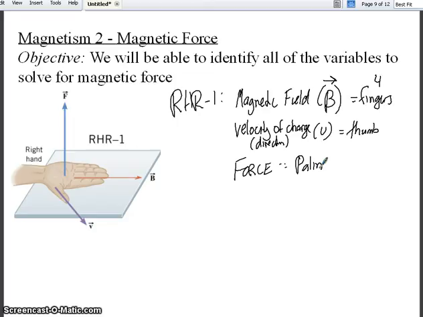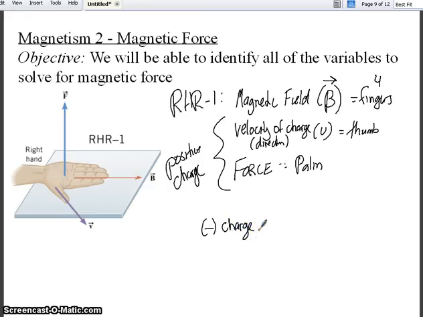Right hand rule number one works for a positive charge. If we have a negative charge, the force will be opposite.